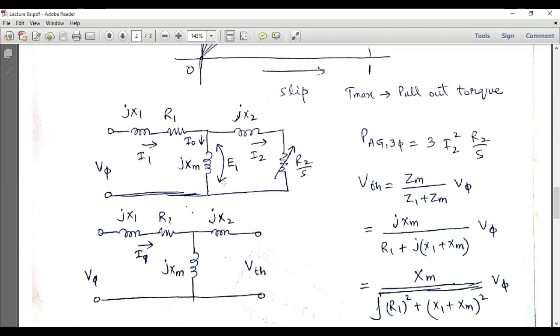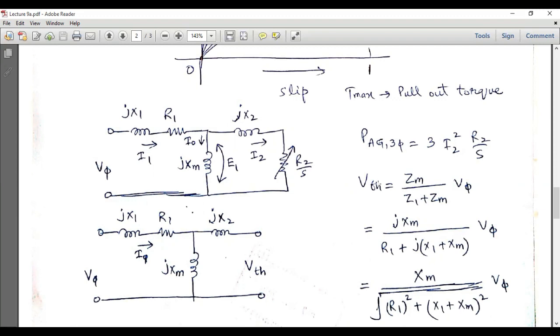So the Thevenin equivalent circuit can be drawn by opening this rotor side, and assuming that the voltage across this open circuit is V Thevenin, and all these stator parameters will be the same. Now the three-phase air gap power is actually the power which is dissipated across this rotor resistance, and the power dissipated across this resistance is equal to 3 I2 square R2 over S.